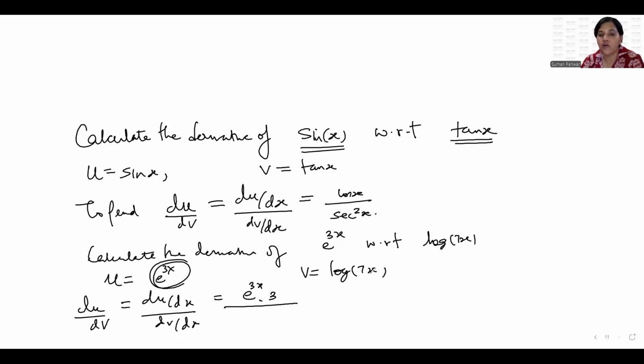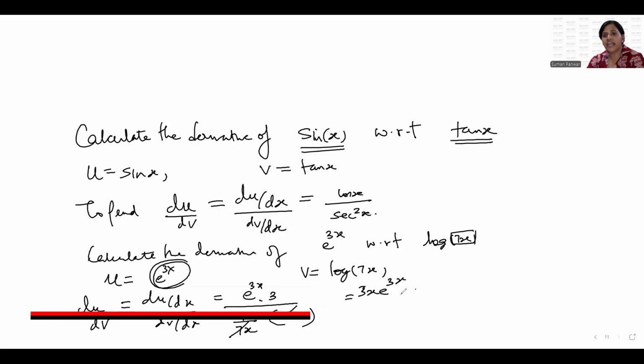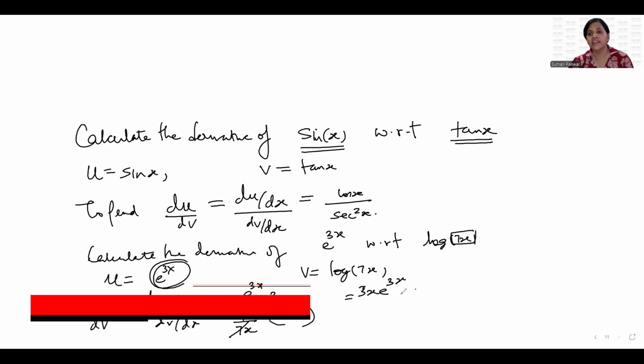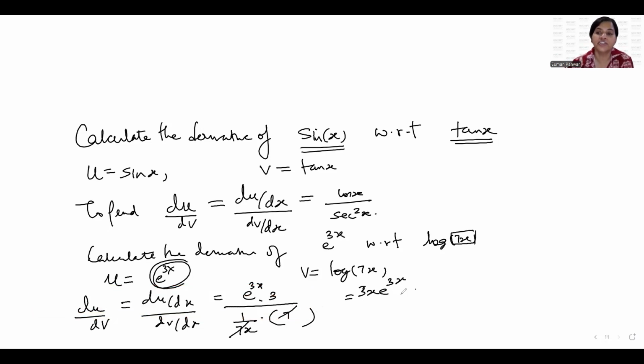What is the derivative of log 7x? 1 upon whatever is inside, and then we have to differentiate whatever was inside as per the chain rule. So it will be 3x e power 3x. That is the derivative. So this type of differentiation, where we have to differentiate one function in terms of another, is nothing but parametric differentiation written in another way.